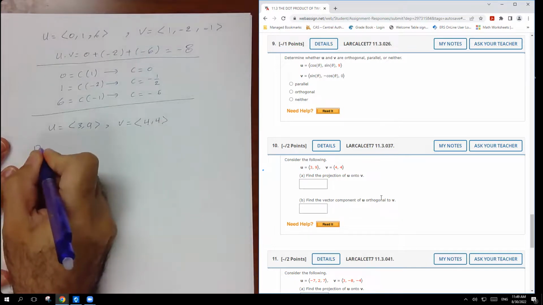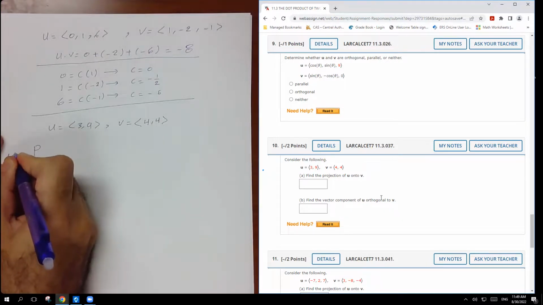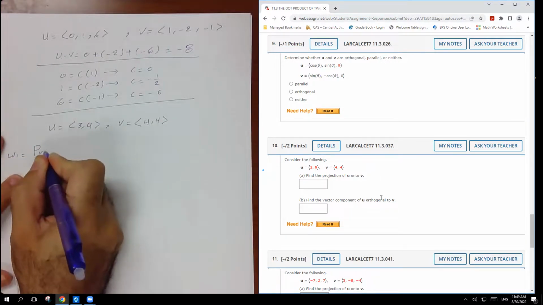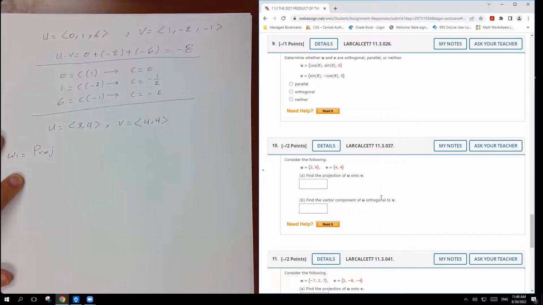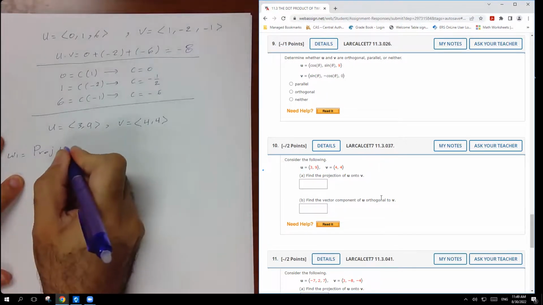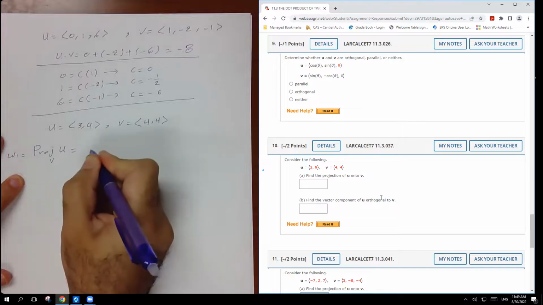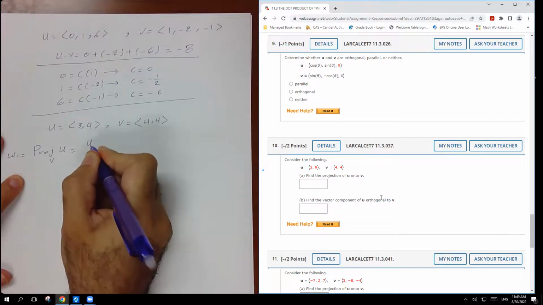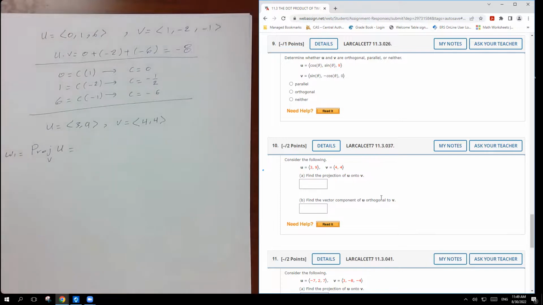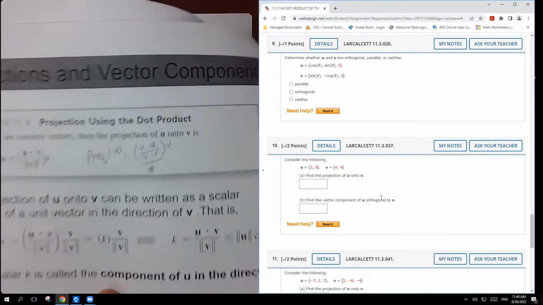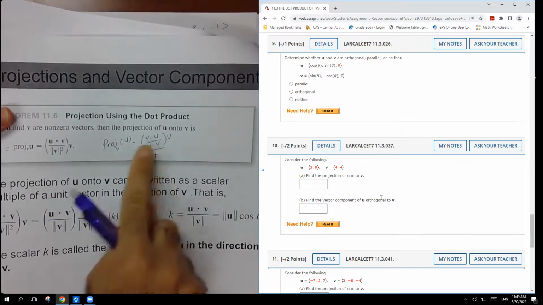So the projection, which is W1, of U onto V is going to be equal to. You have tools, which one you're going to use? It's up to you, but be careful. Remember, I told you can use this one, or you can use this one.